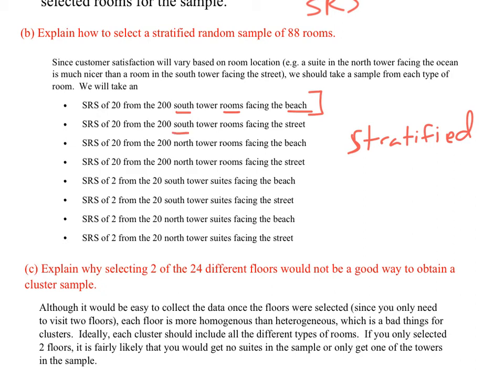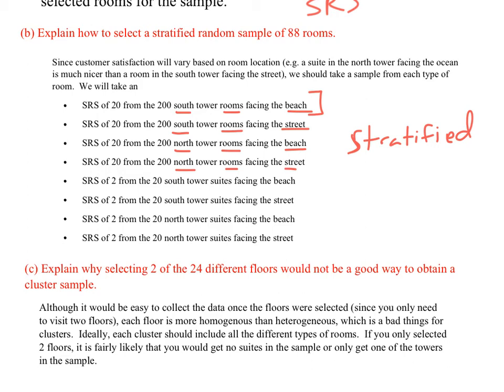South rooms, let's get 20 that face the street. Their responses might be different, but now I know I've got them. I've got South Tower rooms that are facing the street. North room beach, North room street. Now there's half of them. What's left?